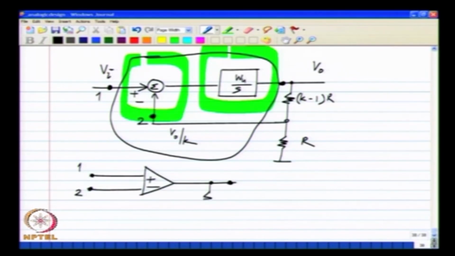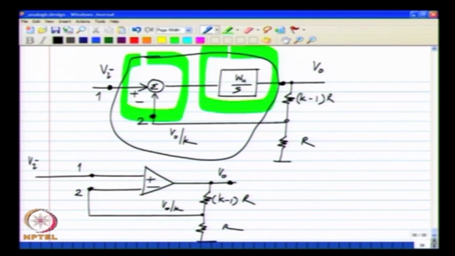So, I have a resistive divider, k minus 1 R and R. If this is V naught, this gives me V naught divided by k, and then I apply it to the appropriate input of the op amp, and I apply the input voltage here.